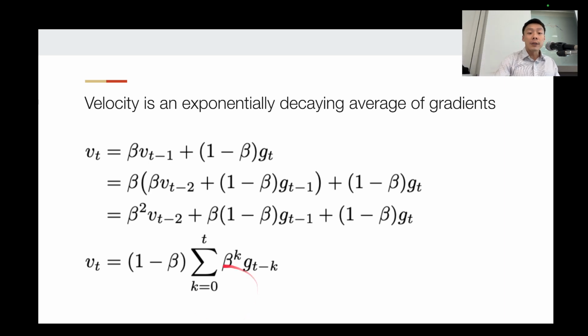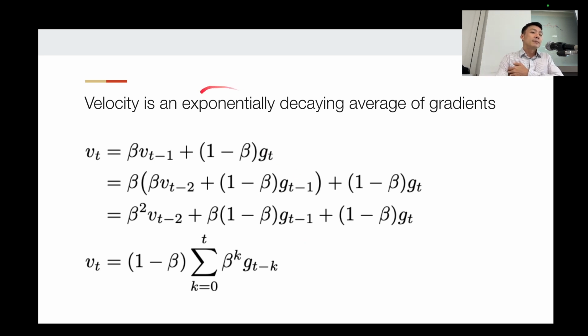So we call this term exponentially decaying average because we have beta to the power of k, and the farther away in time, the less it matters. So we still take the average over it, but not the same amount. We give more weight to the recent gradients than to the distant past gradients.